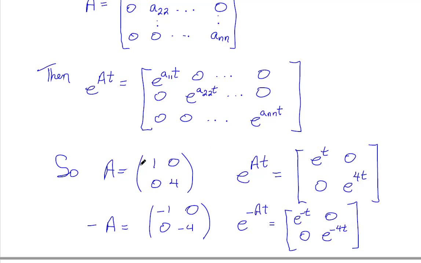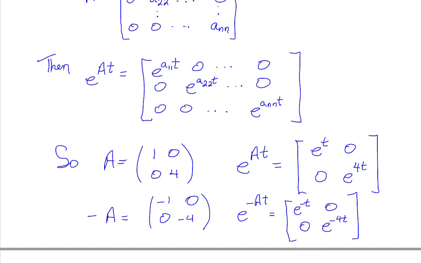And so in our case, A is 1, 4 on the diagonal, and so this is e to the 1t, e to the 4t, and zeros everywhere else. Minus A just has negatives on the diagonal, so e to the minus At is simply e to the minus t, e to the minus 4t.